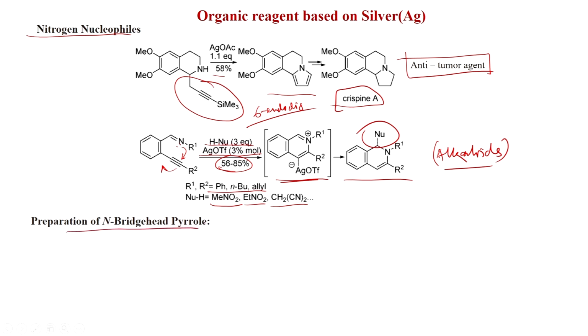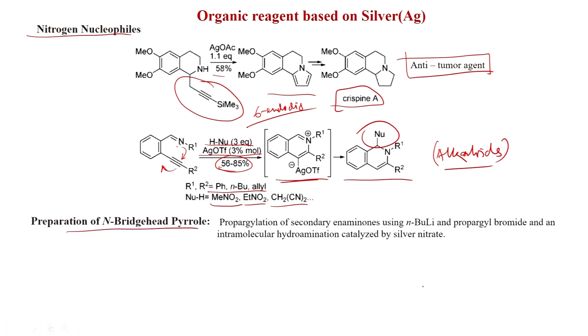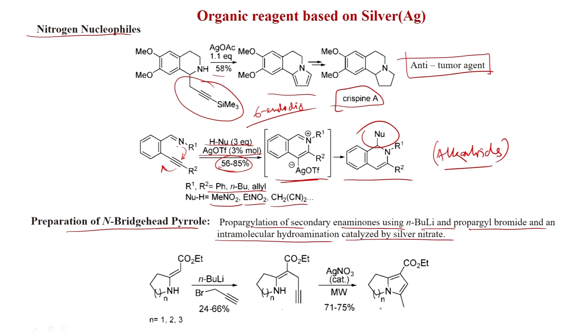Also, N-bridged pyrrole can be formed by this strategy: propargylation of secondary enaminones using n-butyllithium and propargyl bromide, and an intramolecular hydroamination catalyzed by silver nitrate. So, with butyllithium and propargyl bromide, you can get first this. Here butyllithium will take, and now this will attack here, and this will happen, and after the isomerization, of course, you get this, because the iminium ion will form, that will isomerize to this which is much more stable.